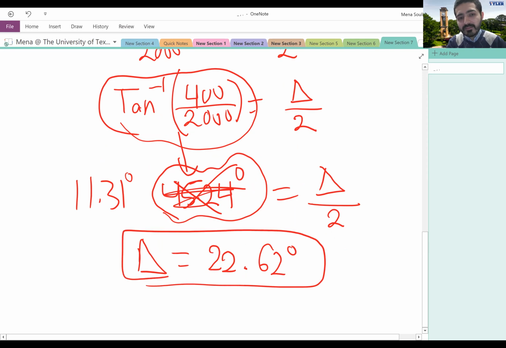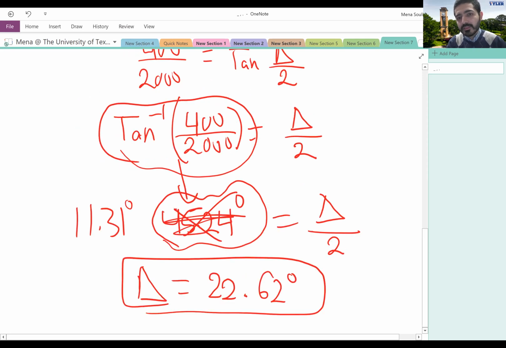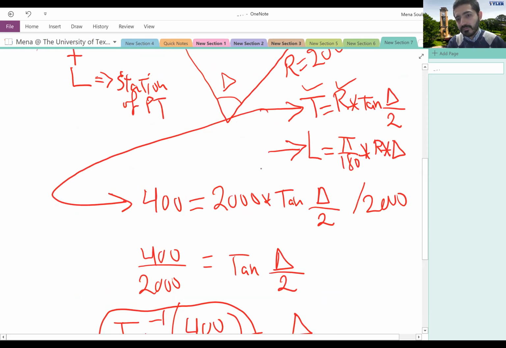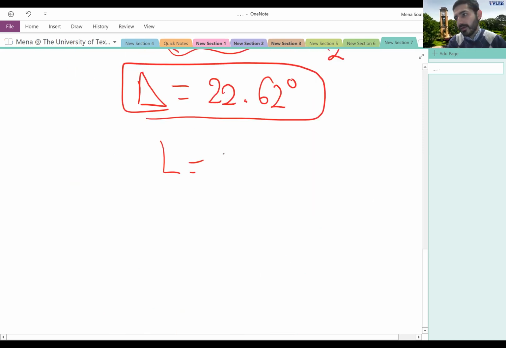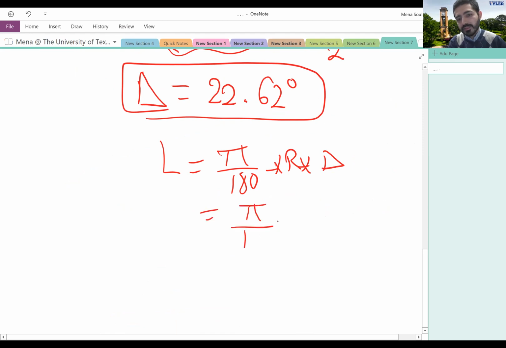So once I get that, now I can go back to the previous equation, this one right here, to get the value of the L. So L is equal to pi over 180 times R times delta, which is pi over 180 times the radius, 2000 feet, times delta, here 22.62.